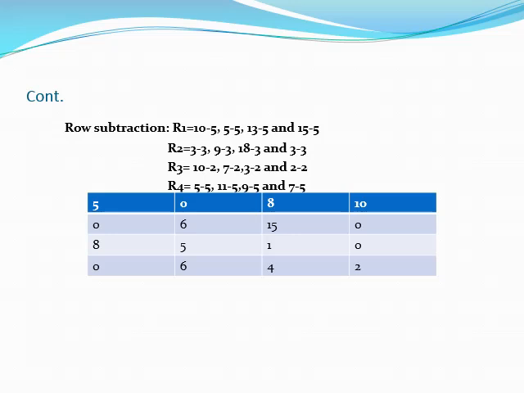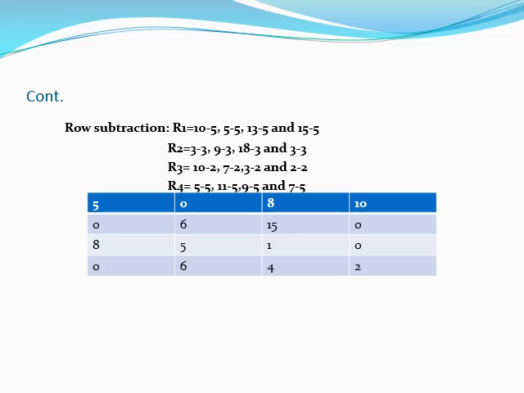The least cost in this row is 5. Now we are going to subtract the smallest cost, which equals 5, from each element of this row.